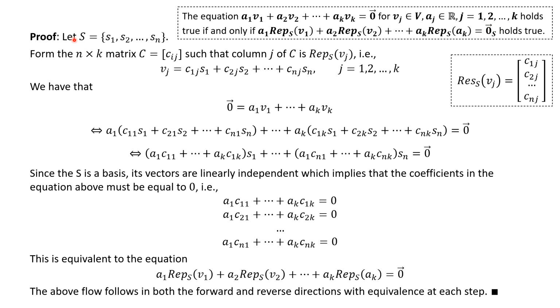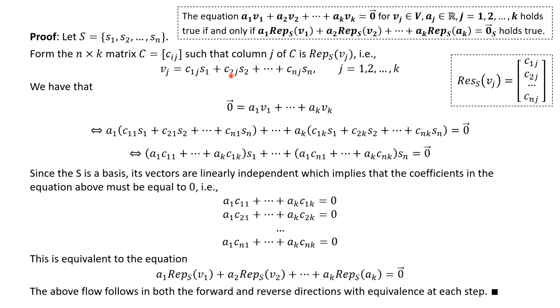So we start by letting S be this set here, s1, s2 up to s sub n. This is our basis. Then we write each one of these vectors v sub j, going from 1 to k, in terms of this basis.